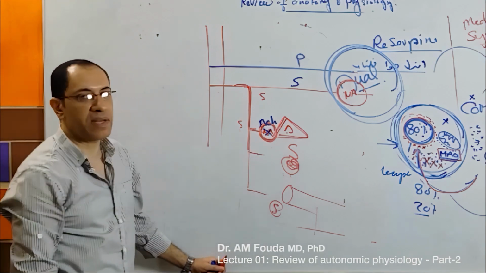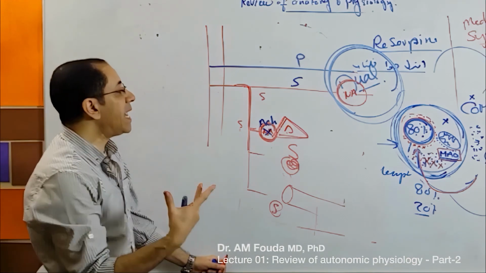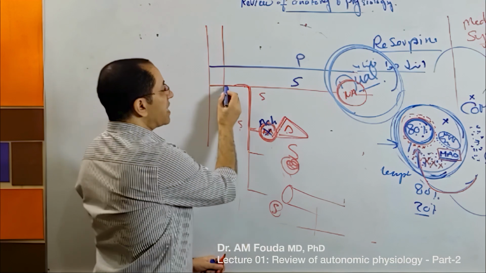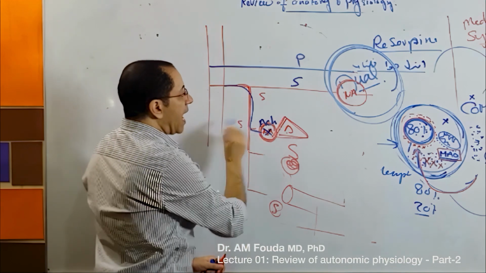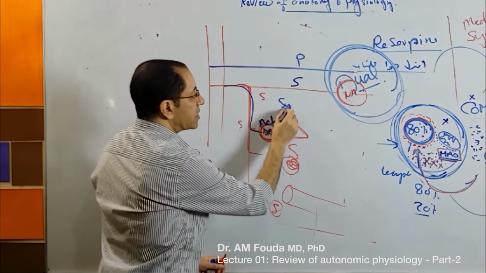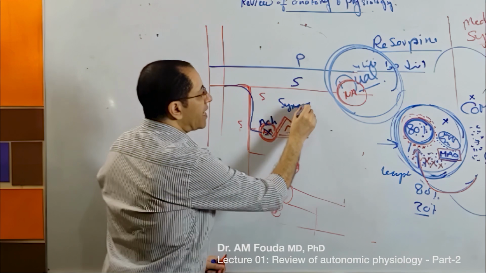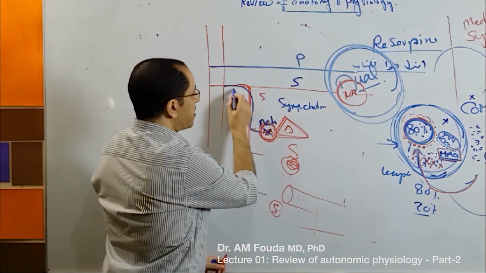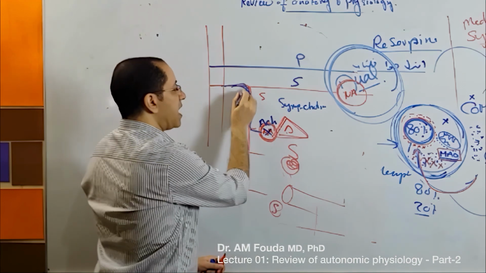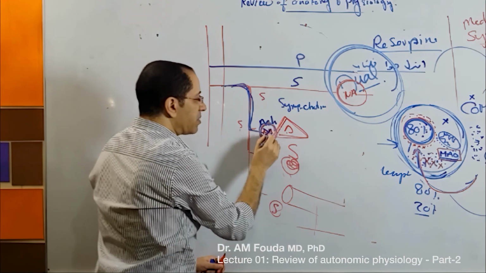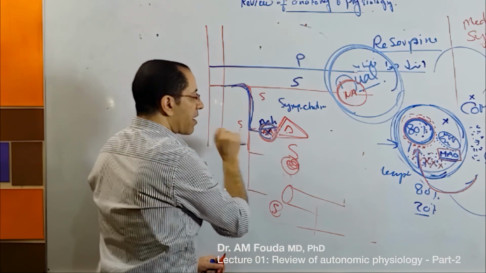So, in this case, the nerve reaching the suprarenal gland is termed sympathetic cholinergic nerve. It is a sympathetic nerve, part of the sympathetic system, however, its chemical transmitter is acetylcholine.